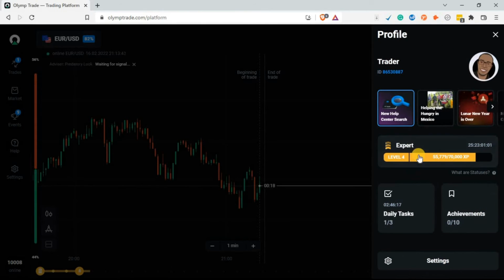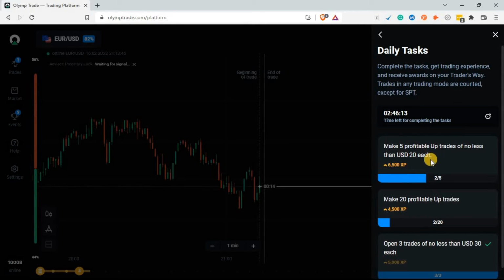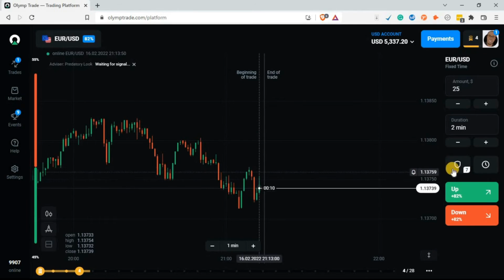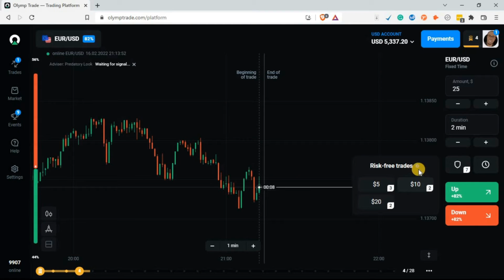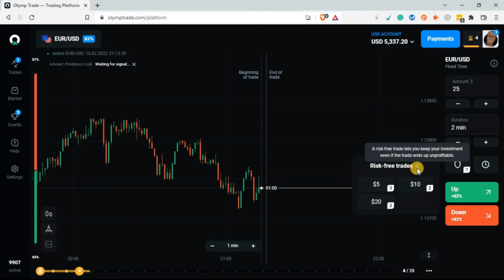As you work your way up through the daily tasks, there are rewards, and one of the rewards is the risk-free trades. Risk-free trades are trades that let you keep your investment even if the trade ends up unprofitable.